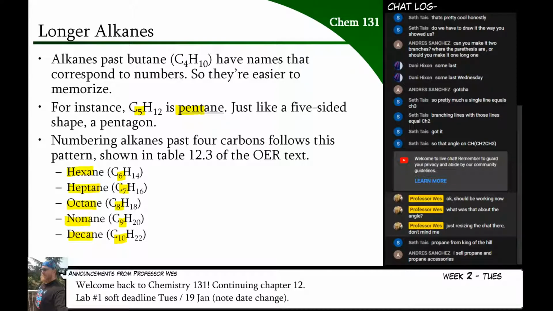Now, there are prefixes past 13, but what tends to happen at that point is they just write the number and then a dash and then ane. So a carbon chain with 14 carbons would be a 14-ane. We're not going to go past 10 in this class as far as naming. If something is longer than 10, I will just truncate it down to 10.